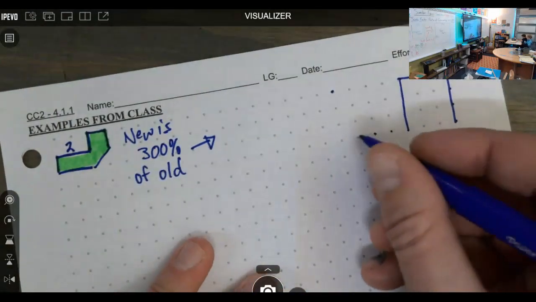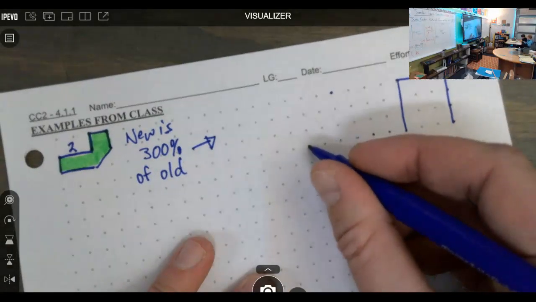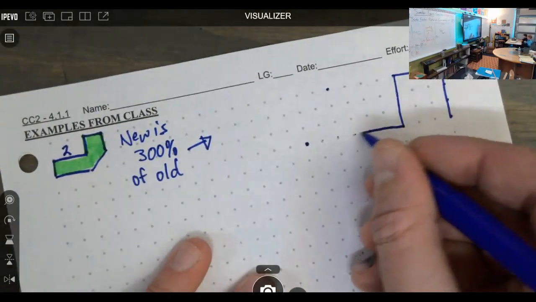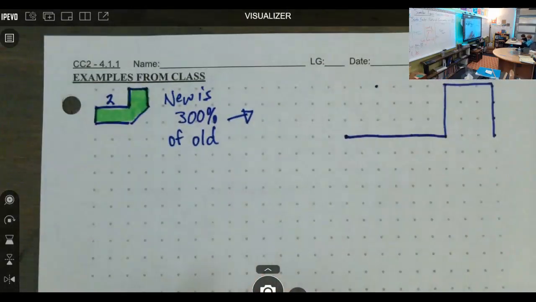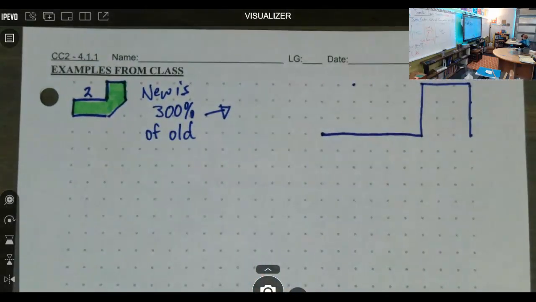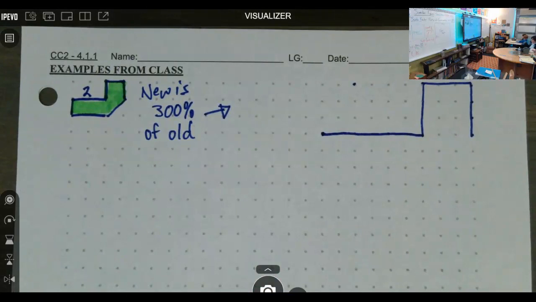Yeah, it's like everything times 3, because our scale factor is 3.